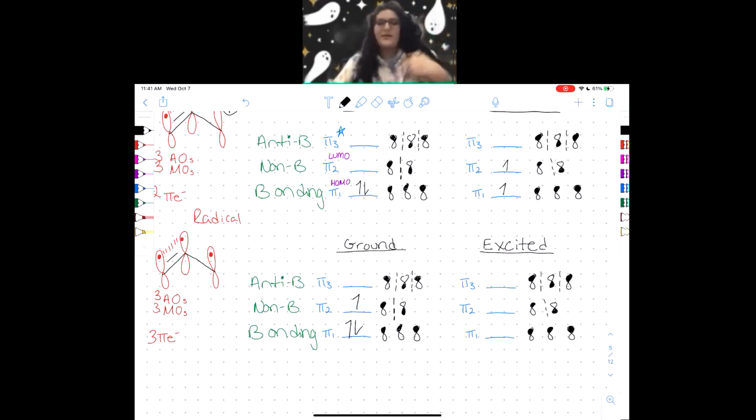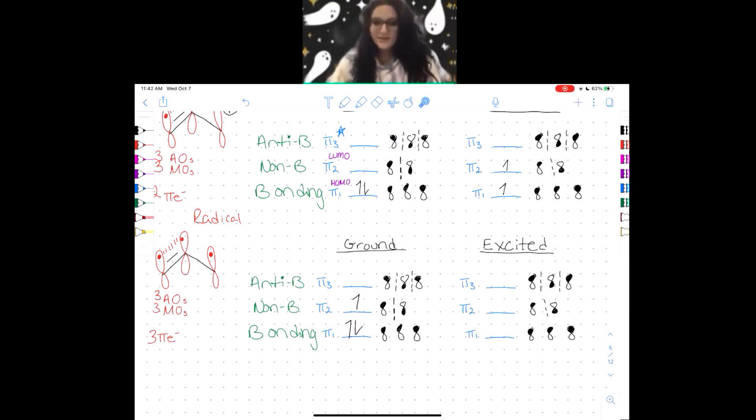Oh wait, first someone said 2, and I totally see why you would think that, and I'm glad someone said 2, because usually people don't think of the radical as being a pi electron, which is something new for a lot of students in Orgo 2.